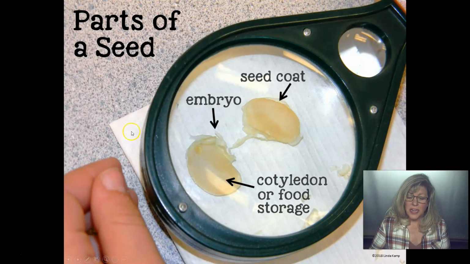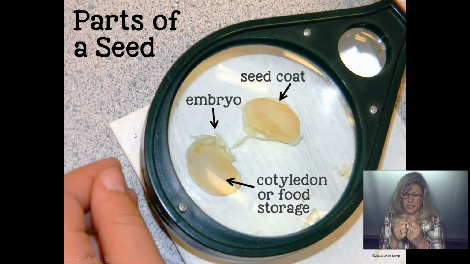So if we were going to take one of those seeds and split it open, this would be the inside. So you can see right here would be that outer covering, the seed coat, that protective layer.